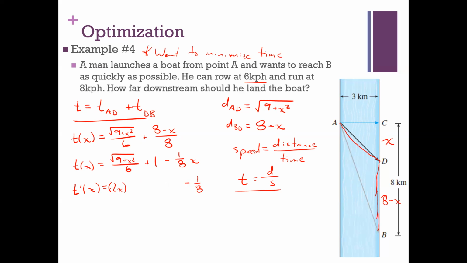I see what you're doing. Let's go a little slower here. But I think you're right. So let's start with this. I know it's going to be 1/6 times something because that is a constant multiple there. Then I'm going to have 1/2 times 9 plus x squared to the negative 1/2 times 2x minus 1/8. So what simplifies here?